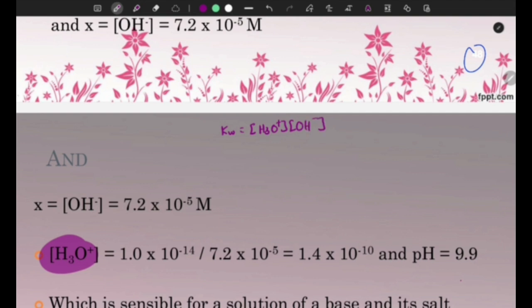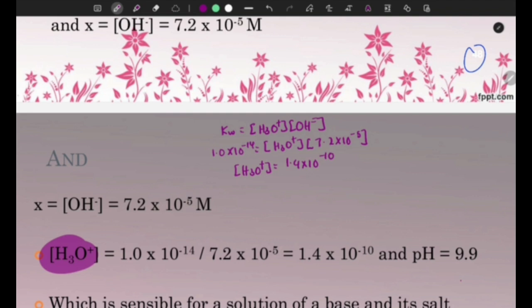Our Kw value is 1.0 times 10 power negative 14, and this is our unknown because we want to find the concentration of H3O plus. Our OH minus is 7.2 times 10 power negative 5, and then our concentration of H3O plus is 1.4 times 10 power of negative 10.